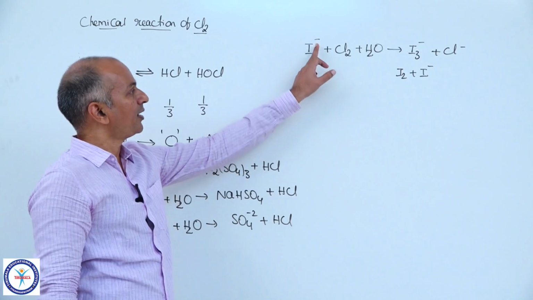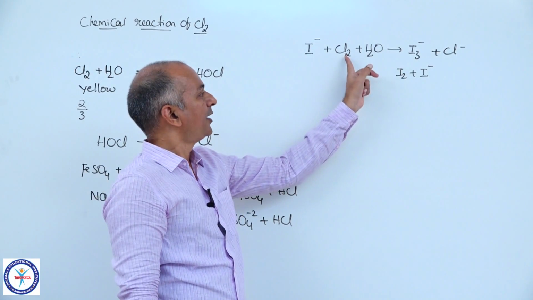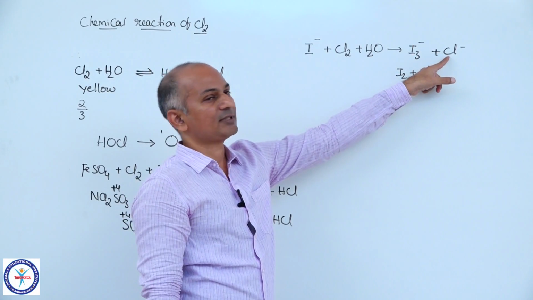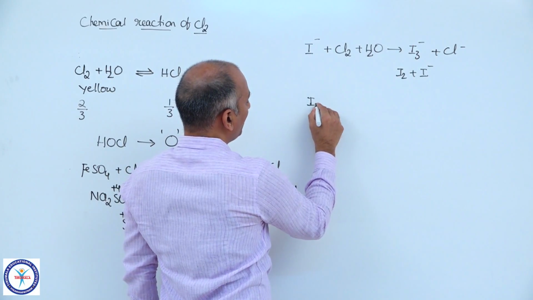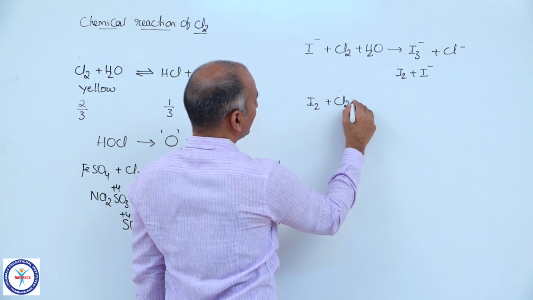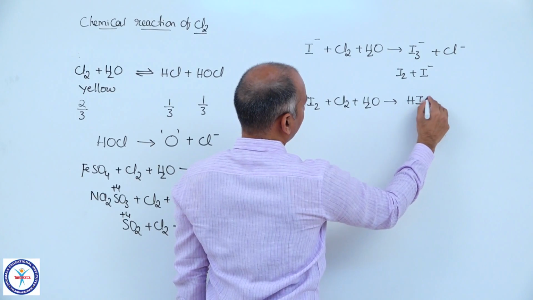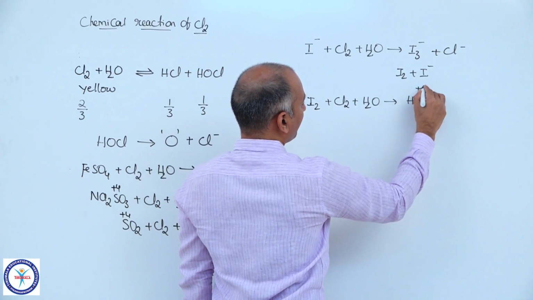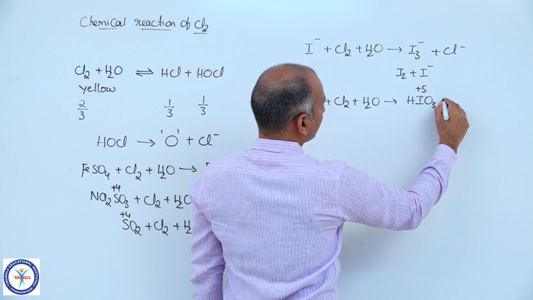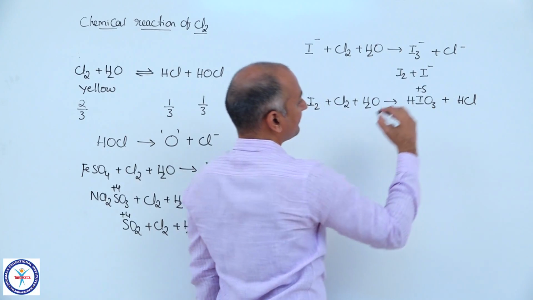So minus 1 oxidation state is converted into 0 oxidation state, and Cl2 is converted into Cl minus. Now, suppose if you take I2 and you treat this compound with chlorine water, you will get HIO3. Iodine is oxidized from 0 to plus 5, and you will get Cl minus, that is HCl.